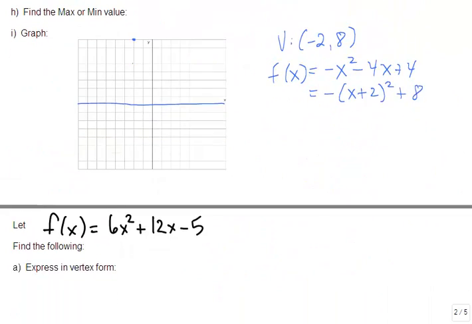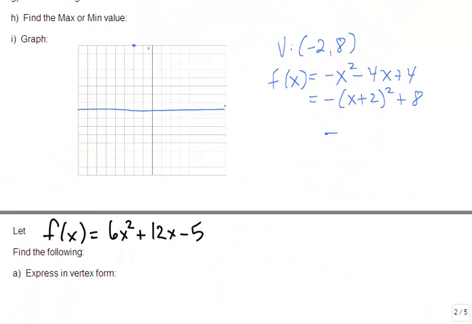So on my problem, I'm going to go over 1, down a, and in this case, a was just that negative 1, which is why I'm going down. And then over 1, down 3 times 1, or just 3. And we're going to do that on the left and on the right. So this is the pattern that I'm applying based on my vertex. So over 1, down 1, and then over 1, down 3.